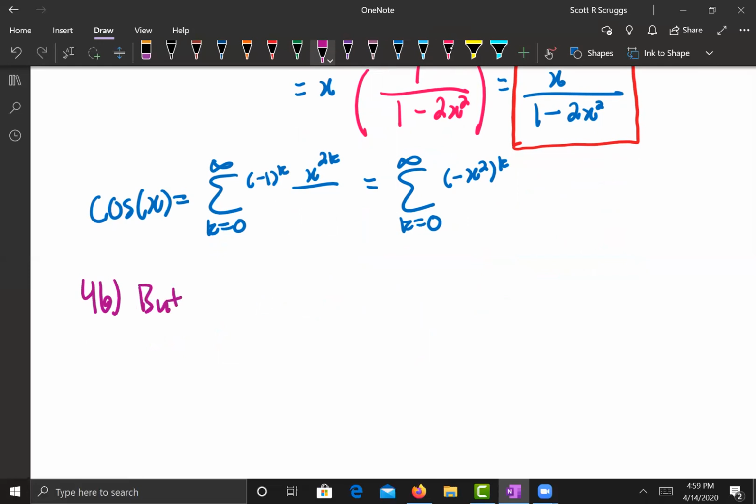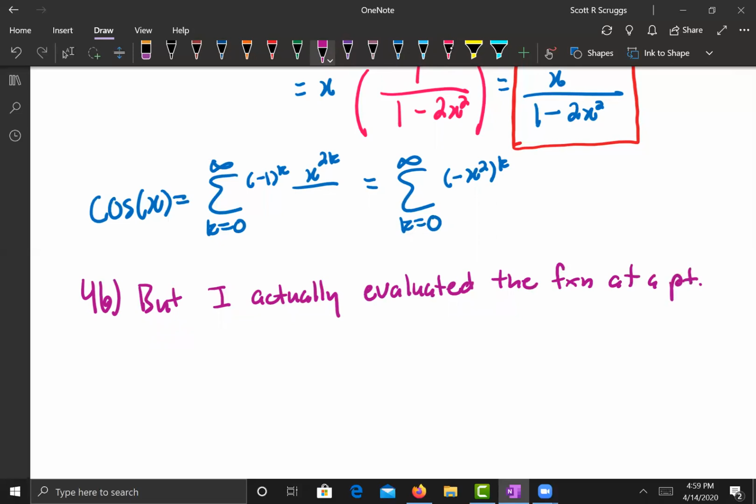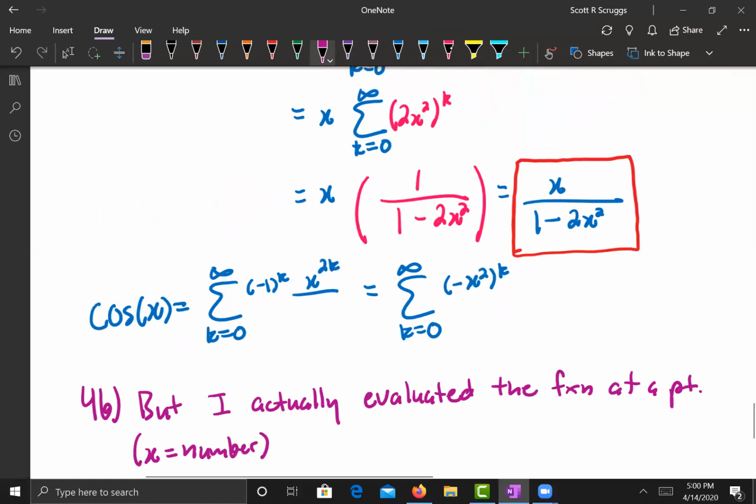But I actually evaluated the function at a point. So in this case, what I did was instead of just having an x in there, I let x equal to some number, which means that when I do the work that I did before, instead of an x, it's going to be replaced by some number that pops in.